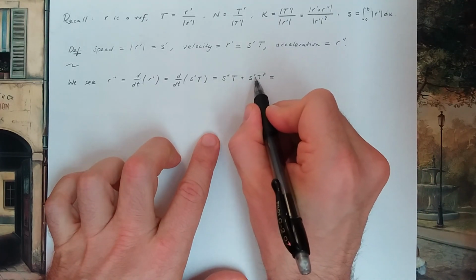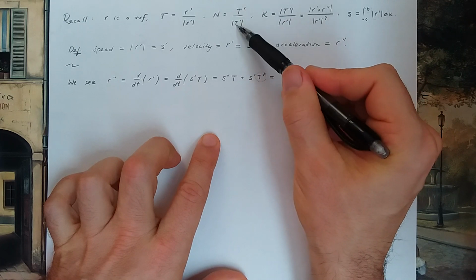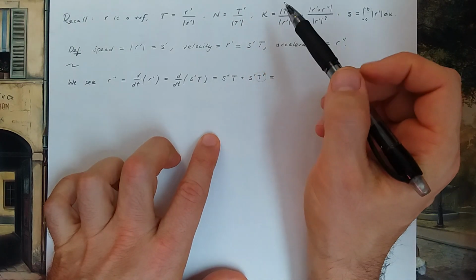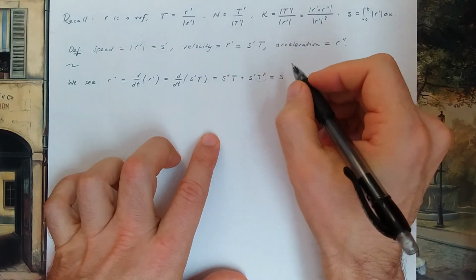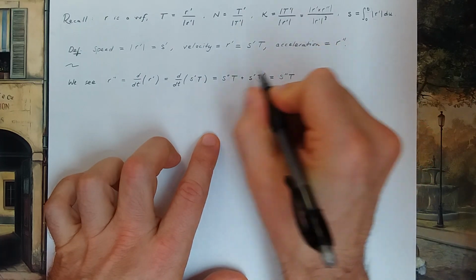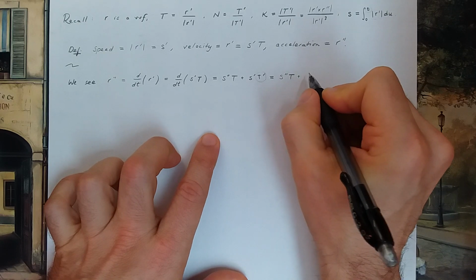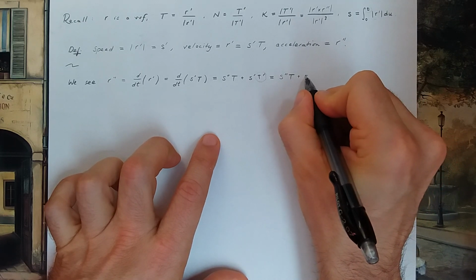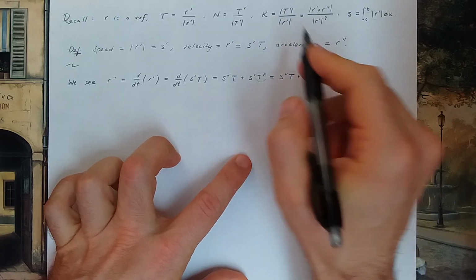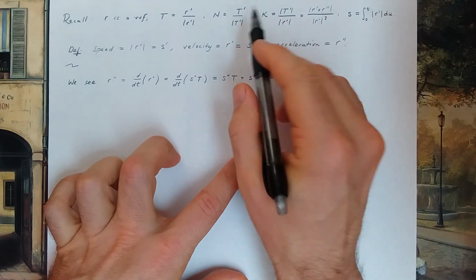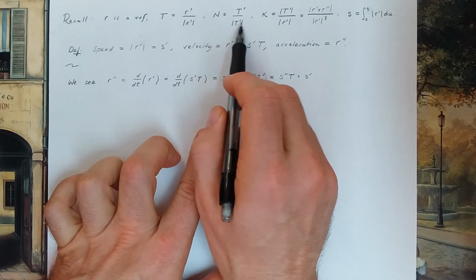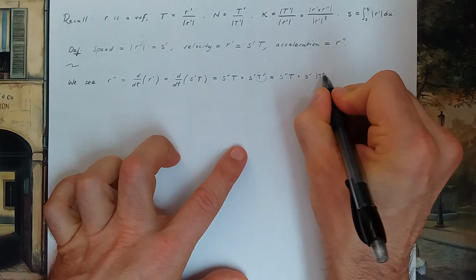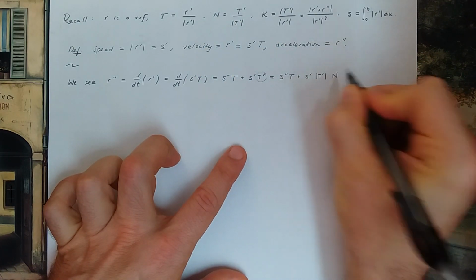Now, t prime can be written in terms of the unit normal vector. Changing t prime into the unit normal vector, I get s double prime t plus s prime, and then to take this and write it as the unit normal vector, I think about multiplying both sides of this equation by the magnitude of t prime. So I get the magnitude of t prime times the unit normal vector n.